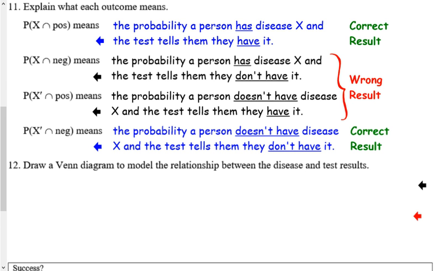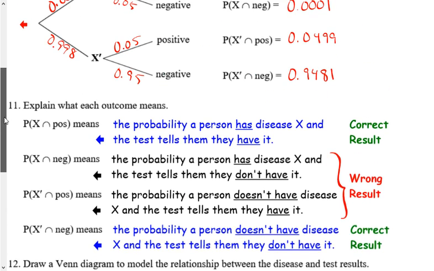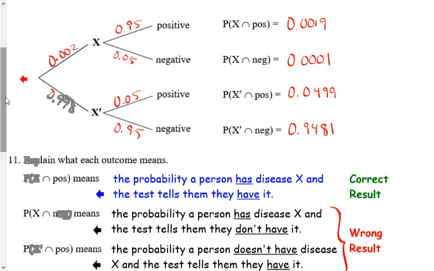So kind of the second row here, X and negative, you feel fine because you think you're okay, but you're actually not. So which situation would you rather be in? Well, you want a correct result, if at all possible. So as we just look back at these probabilities, I'll scroll down again in a moment.